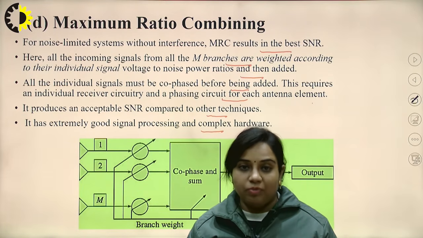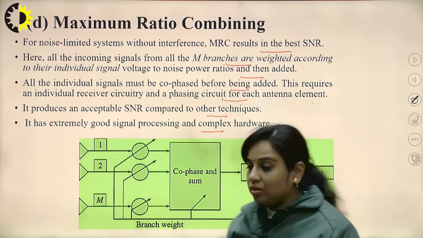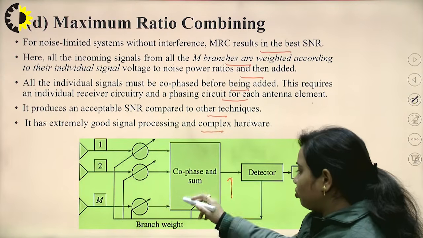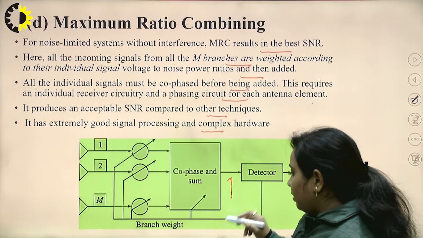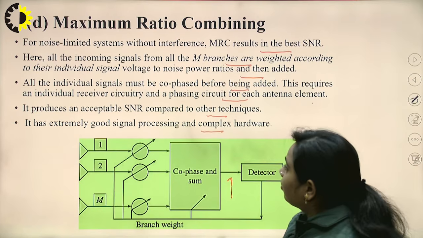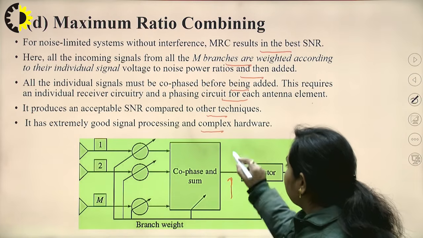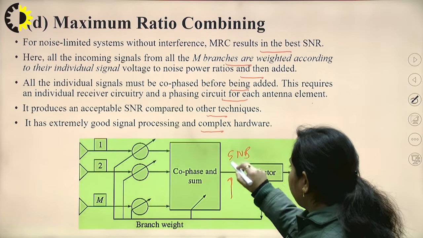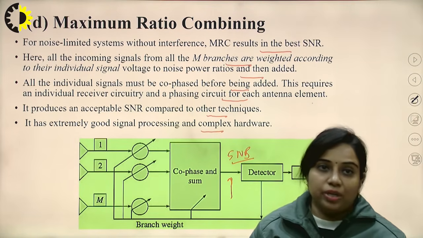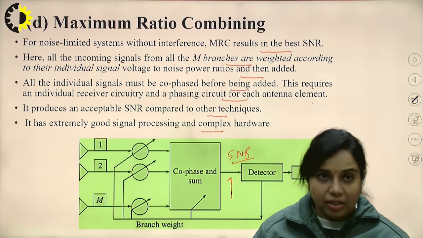That is very time consuming, because whatever we get here has to be fed back to the branch weights, then it has to set the value so that the acceptable signal to noise ratio will be generated, then it will be applied to the output. So that is the maximum ratio combining technique.